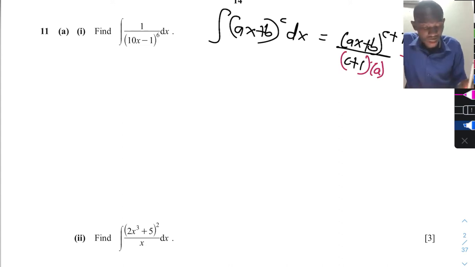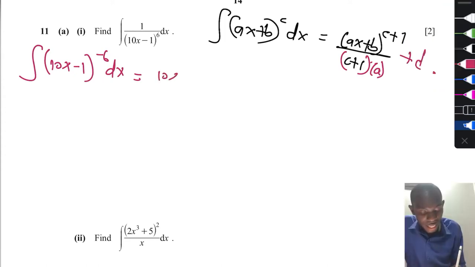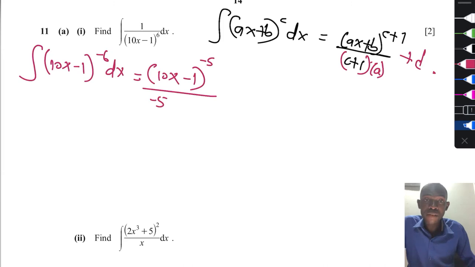So if I have this particular function, I'm going to write it this way: the integral of (10x minus 1) to the power -6 dx. And now that would help me to integrate it easily as 10x minus 1. If I add 1 to the power, I have -5, divided by -5 here, okay? But the coefficient of the x term is 10, so I'll bring it down here, 10.